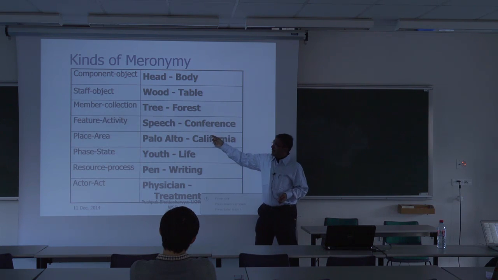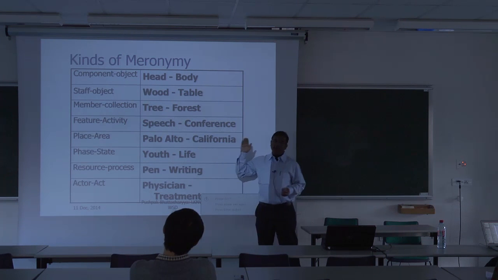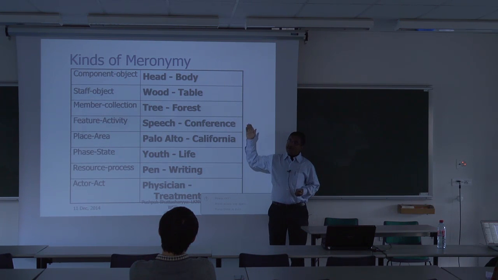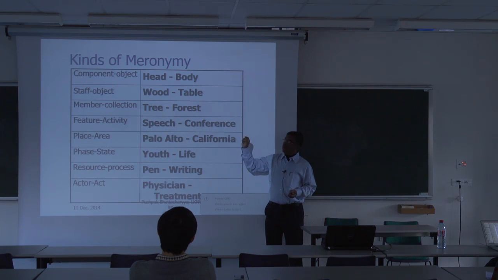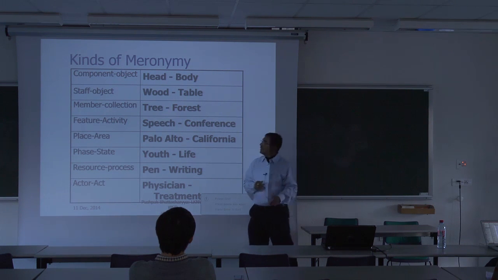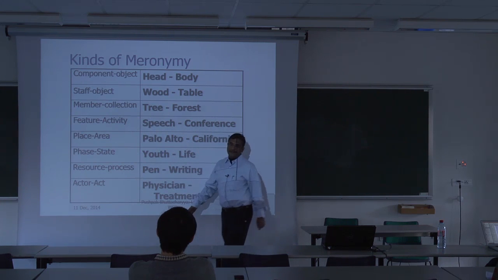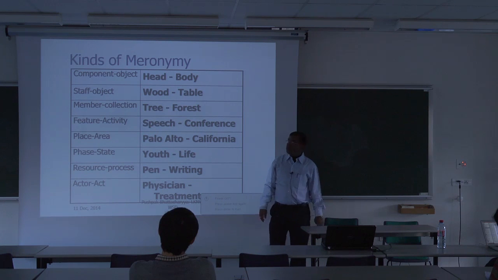Now, a very interesting property of meronymy is that if you have A meronymy B, B meronymy C, then A and C need not be meronymous with each other. The transitivity does not hold if the two meronymy relations are of two different kinds.